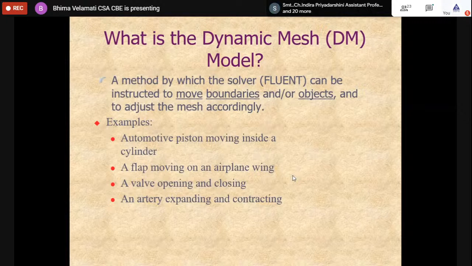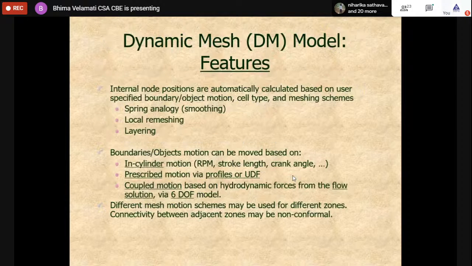So when the mesh is moving, obviously you will have a complete set of equations to calculate the mesh motion.